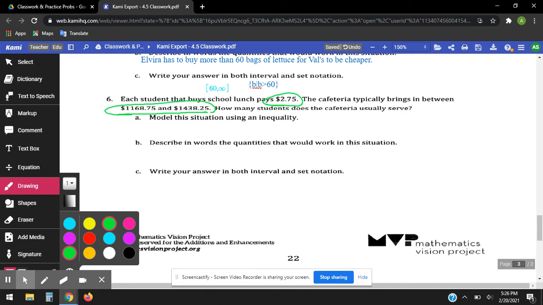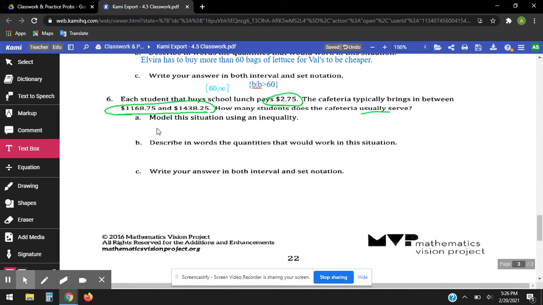How many students does the cafeteria usually serve? So this one's a little bit different in how we set this up. We know the low amount that they serve is $1,168.75.